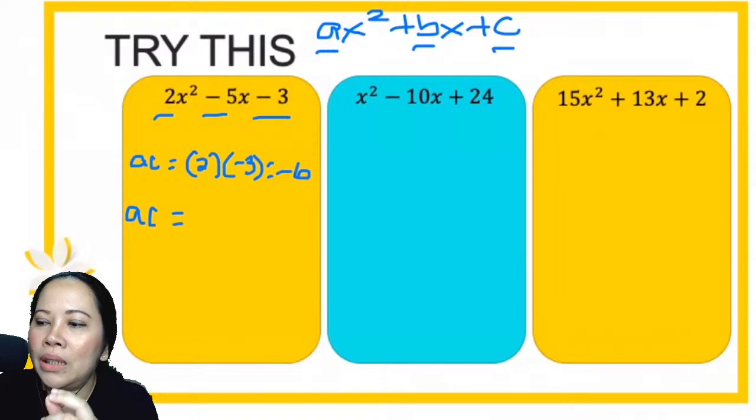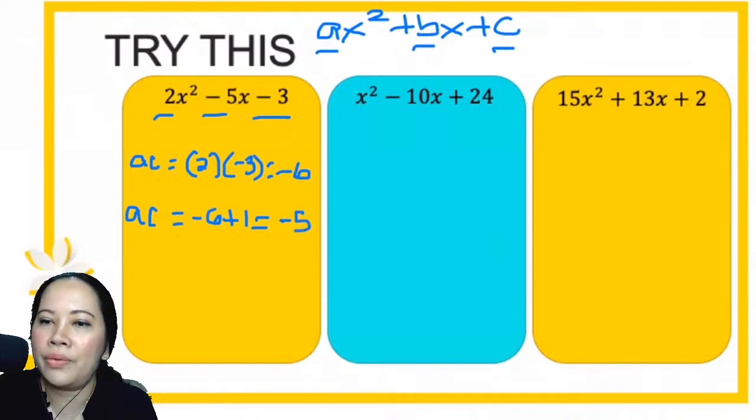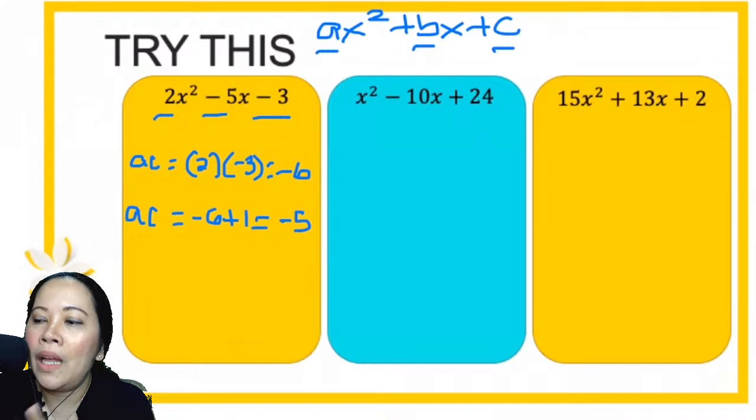Since the middle term here is negative 5, that is negative 6 plus 1, right? Negative 6 plus 1 is negative 5.